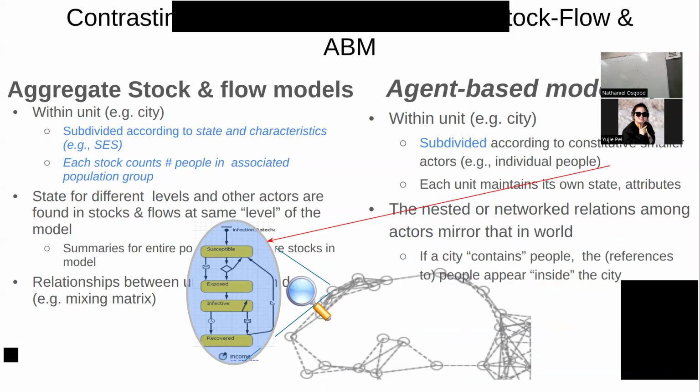There's the ability to summarize up to counts over the entire population. But each agent is characterizing its properties, its characteristics, its attributes, and its current state.